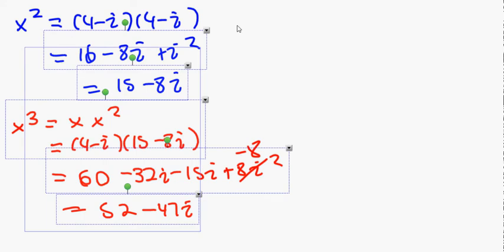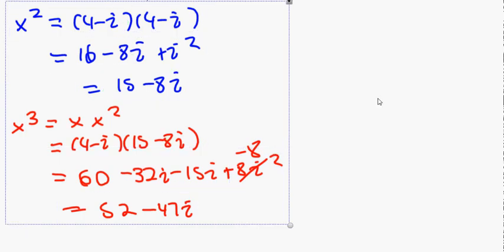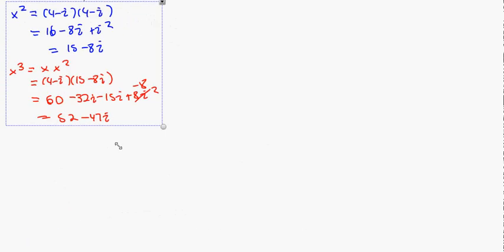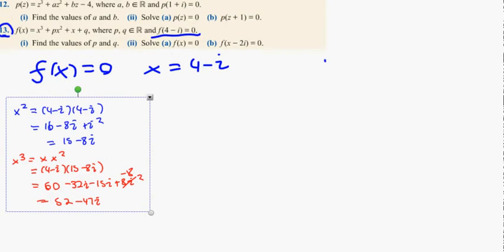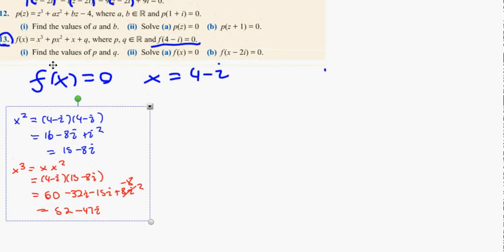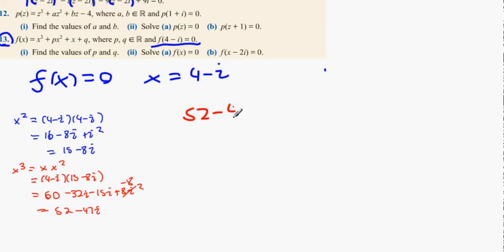Alright guys, so what we have here is the information we need to answer the question. So we're now going to plug it in and make sure that it equals 0, because it says it equals 0. So what we're going to get is x cubed, which is my 52 minus 47i. Then we're going to have px squared, so it's going to be p multiplied by x squared, which is 15 minus 8i.